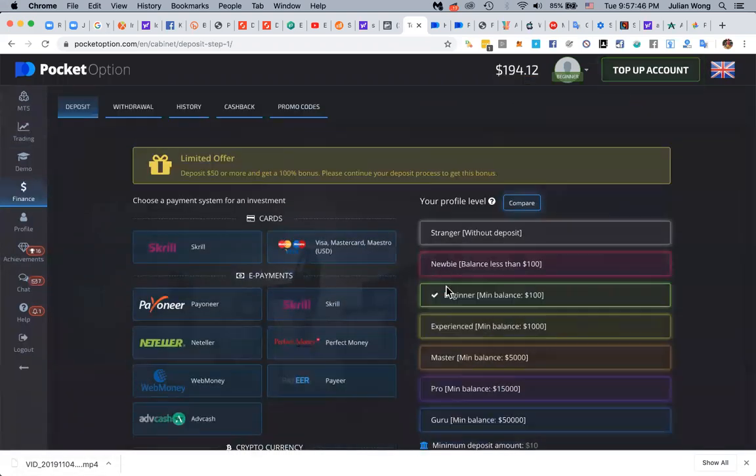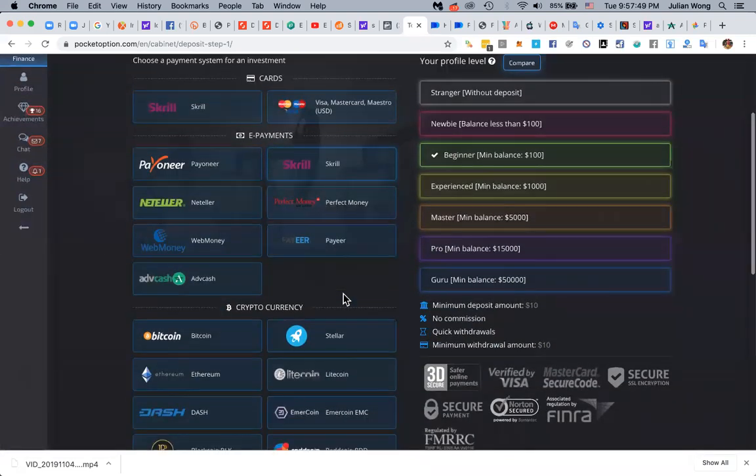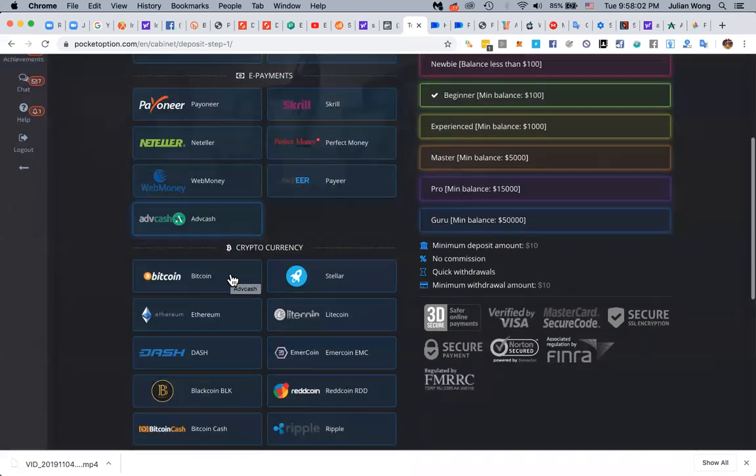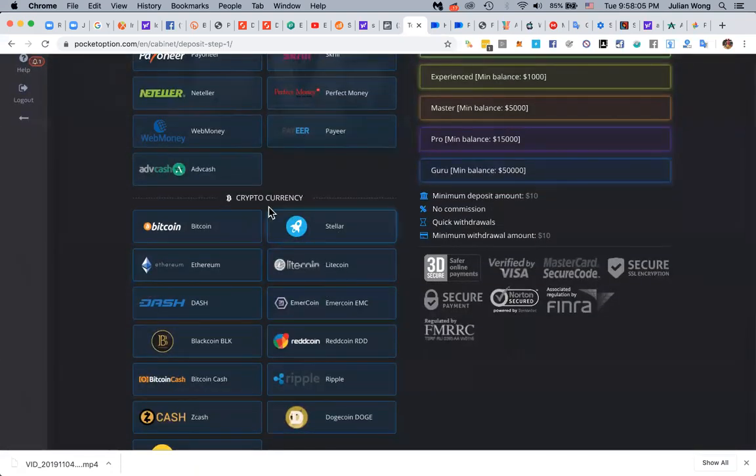Okay, obviously there's your cards, and all this, which is, in my opinion, a bit much. ADV Cash is interesting. For those of you who don't have cryptocurrency, this is not bad. But for those of you with cryptocurrency who are familiar with buying it and it's convenient, I recommend you buy Ethereum, if it's cheap for you to do so.